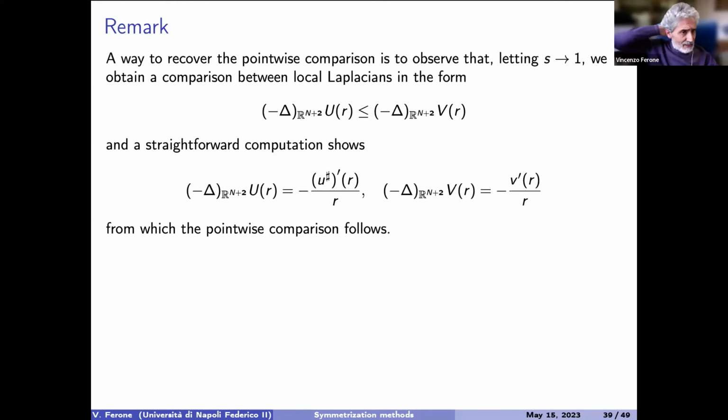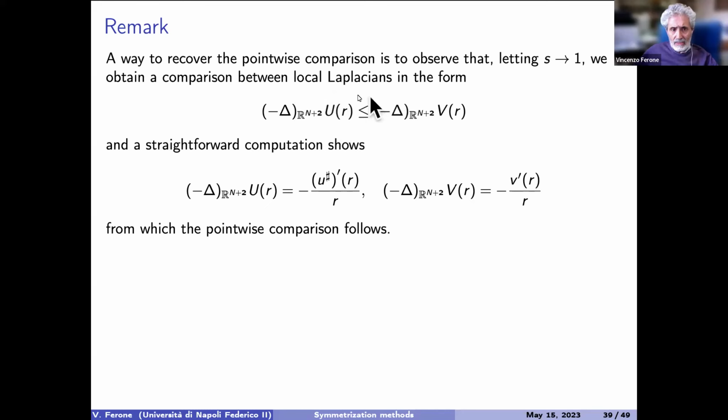Just a final remark concerning this: how can we recover the case S equal to 1? If I write down minus Laplacian in R^(n+2) of capital U less or equal to minus Laplacian in R^(n+2) of capital B, this inequality comes when we let S go to 1. So if S goes to 1, in the local case, we have this inequality.